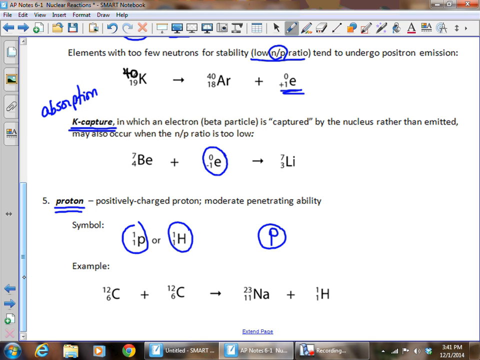So we think of a positive hydrogen ion as being a proton. They're used interchangeably. So in this bottom one, we notice another example. We've got two carbon 12s colliding here on the left-hand side. And when they do, they form a sodium 23 nucleus and give off a proton in the process. So this would be proton emission or proton decay, if you will.